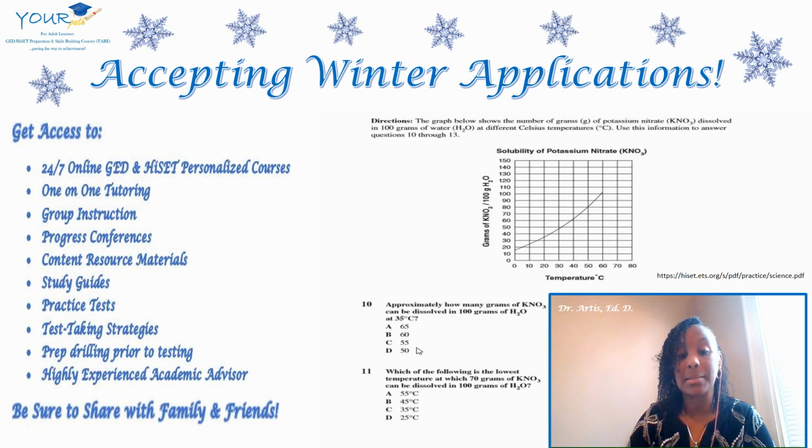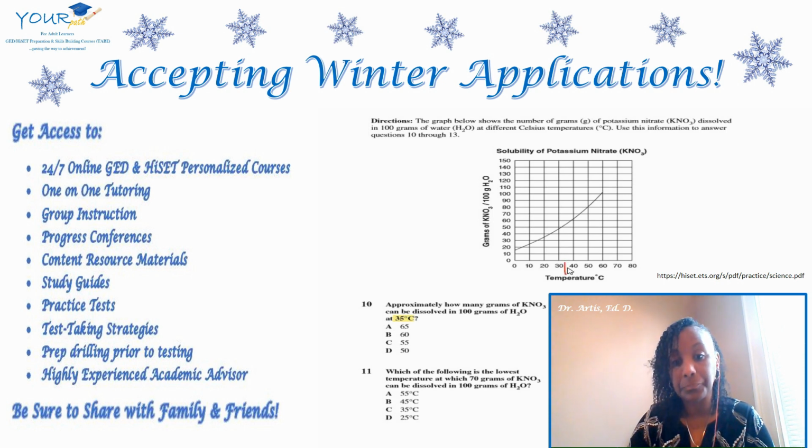Okay, so now we're being asked about potassium nitrate being dissolved in 100 grams of water at 35 degrees Celsius. Okay, so now in order to answer this particular question, let me just highlight that information. Okay, so now when we come to our graph, we see 35 degrees Celsius would be here.